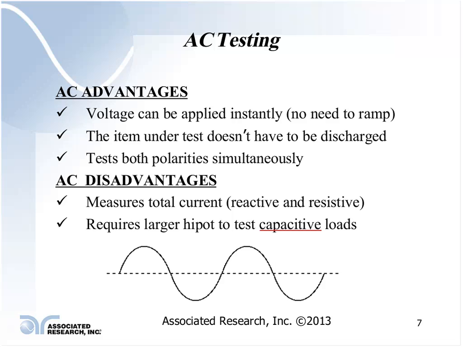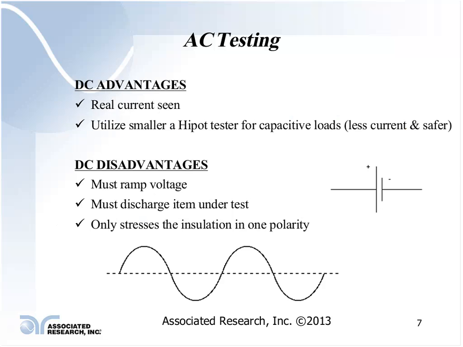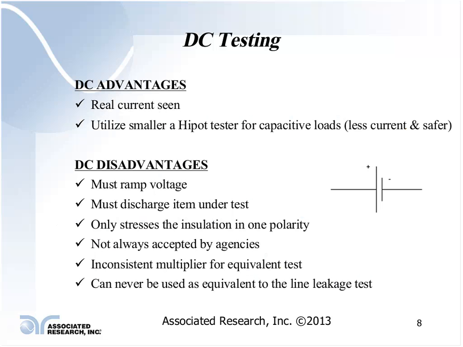When you tie the hot and neutral conductors together, you are testing the insulation between those conductors and any exposed dead metal, which is a capacitor. The more capacitance you have, the higher the leakage current, and the higher the current capacity the tester is required to have to do that test. Okay. So if you are doing AC testing, you may need a tester with a higher current capacity. Again, it depends upon your product itself.